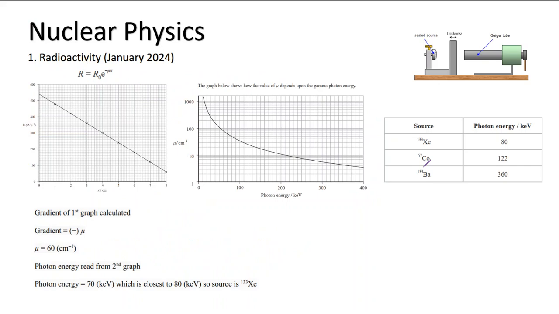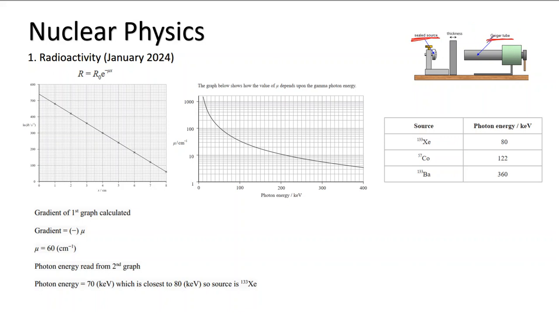Moving on to nuclear physics, look at this diagram. This wasn't given in the question. I specifically added this to give you a better understanding of this question. So this is a radioactive source. This is a detector, a Geiger-Müller tube.